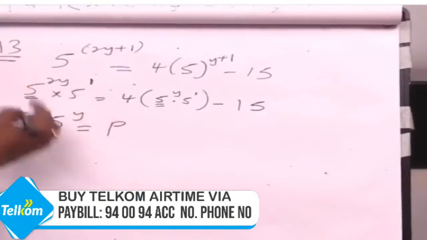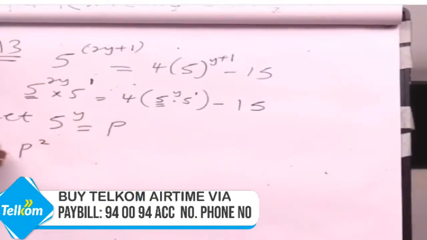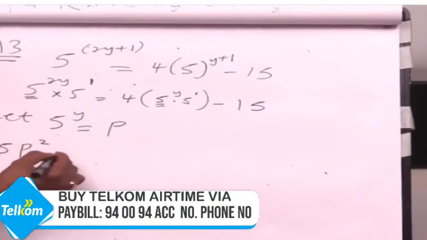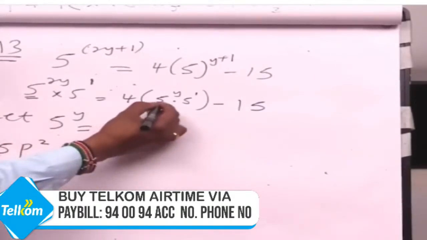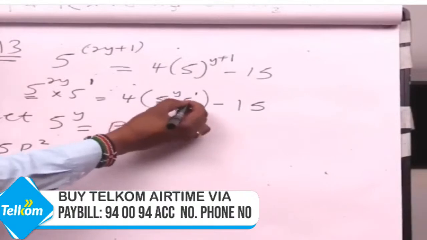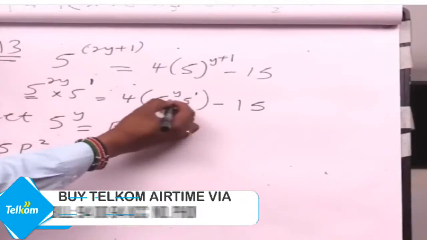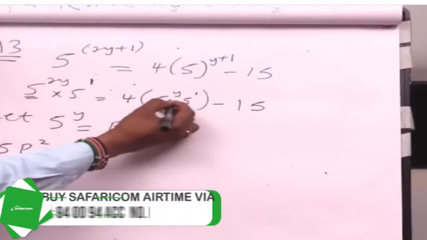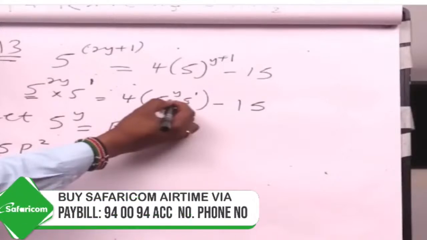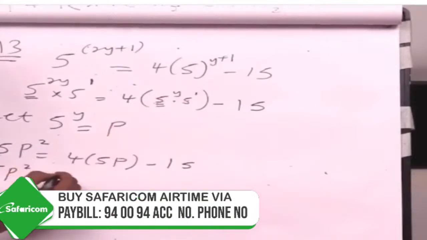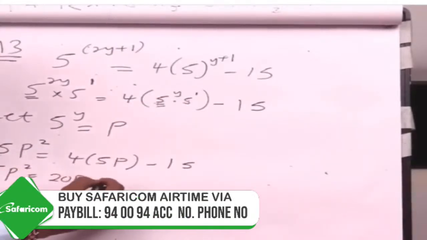So p squared times 5 equals 4 times 5p minus 15. So 5p squared equals 20p minus 15.